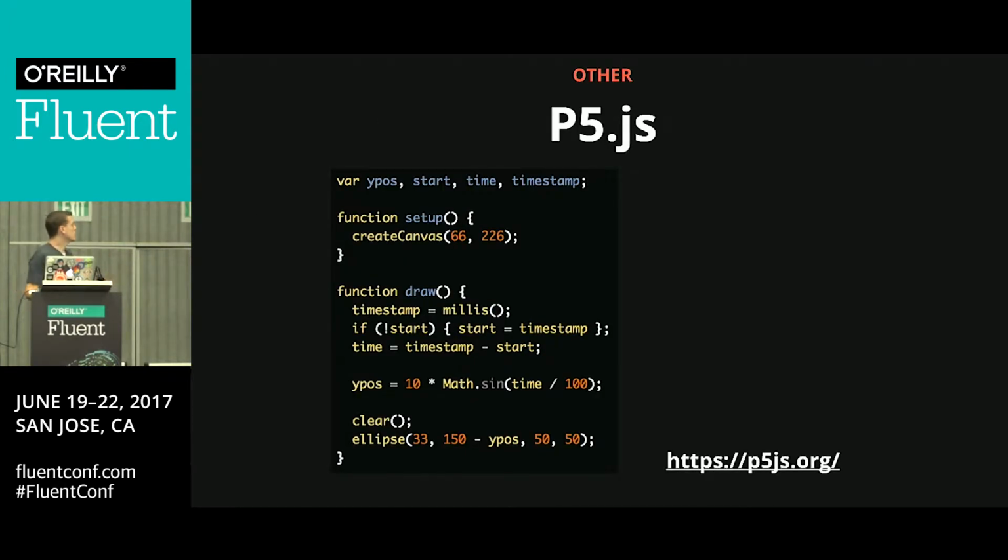Another interesting project is called P5.js. P5 is based on a popular visualization language called Processing. And for our purposes, it gives us a little bit of tooling around the HTML5 canvas that allows us to do animations on it. One of these things it gives us is a setup function that allows us to create and instantiate our canvas.